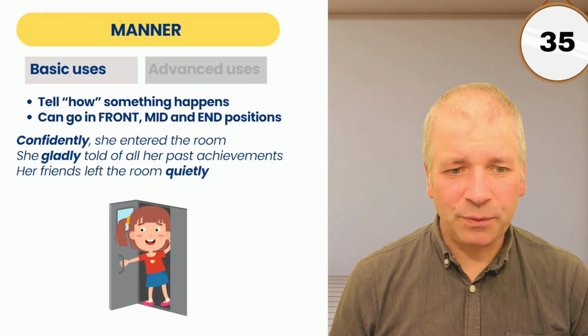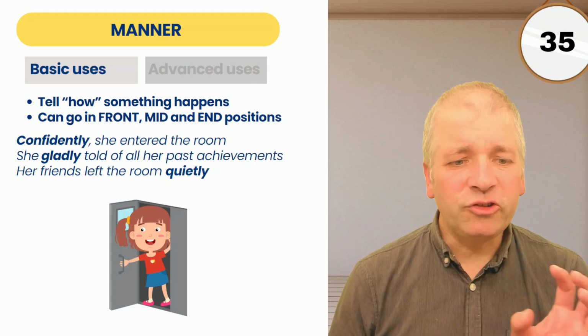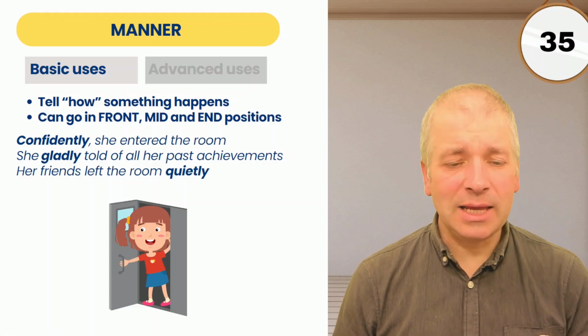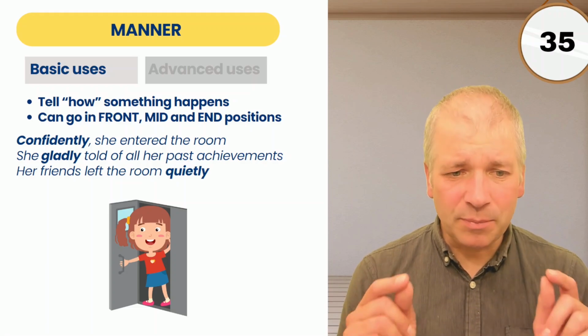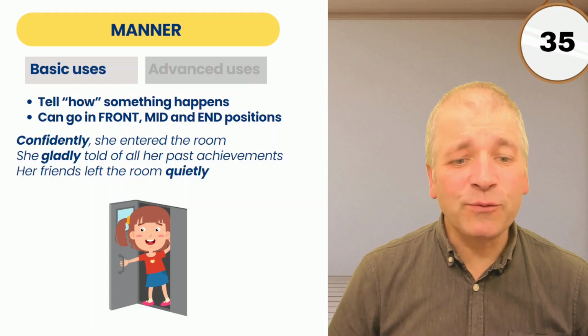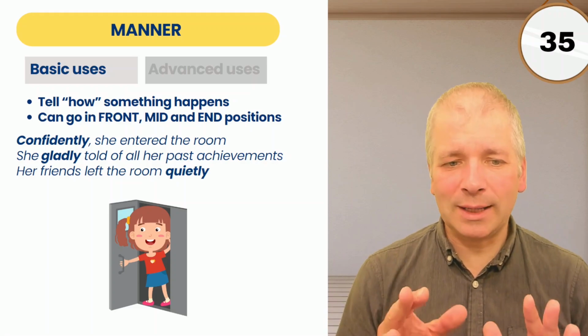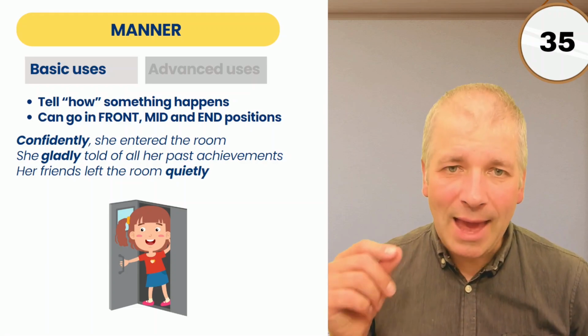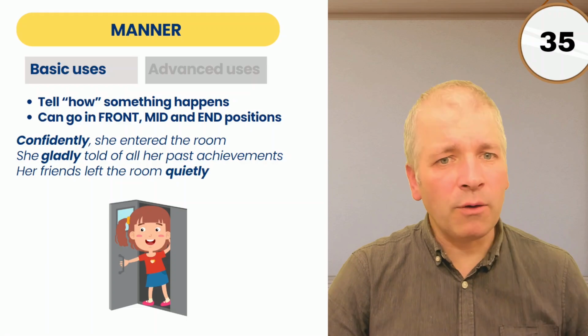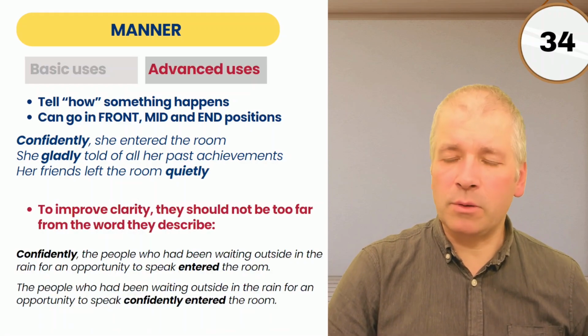That one goes at the beginning. She gladly told of all her past achievements. Gladly is the adverb. Here it's in the mid position. And her friends left the room quietly. Quietly here now is in the end position. So all positions possible in general. But there are, of course, some exceptions to that.